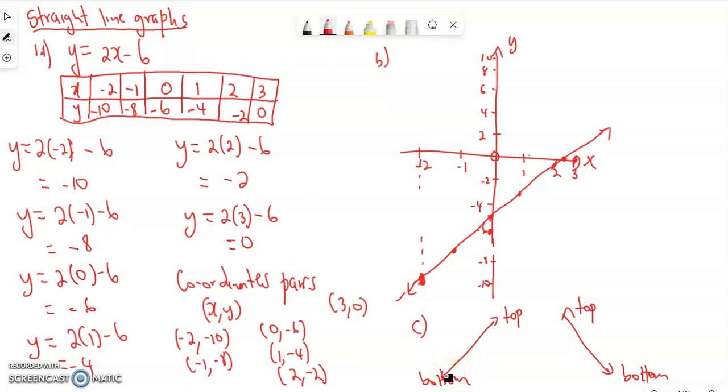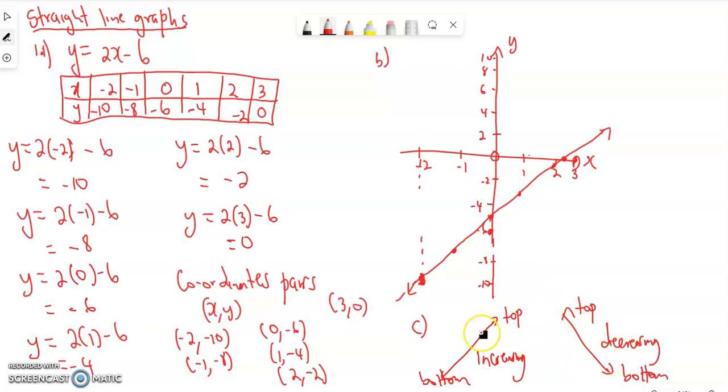So therefore this one starts at the bottom to top. So therefore this one is increasing. And this one starts at the top to bottom. So therefore this one is decreasing.